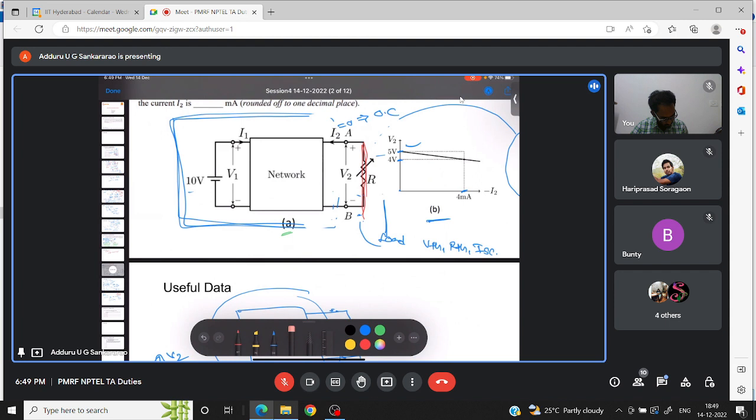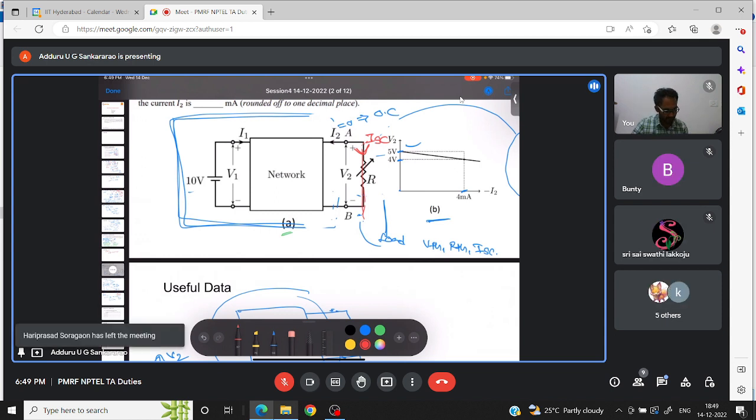So you assume the load terminal is short. Short means what is the current here? Let us say the short circuit current. In Norton's theorem, you might have seen ISC. When the load is removed and you keep a short circuit there, whatever current flows through the short is ISC.